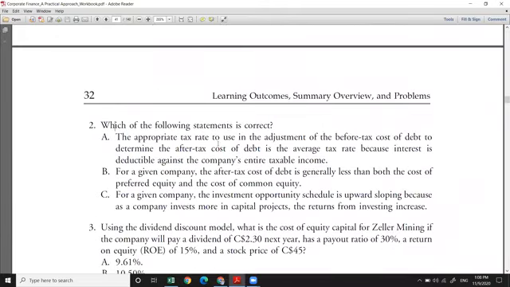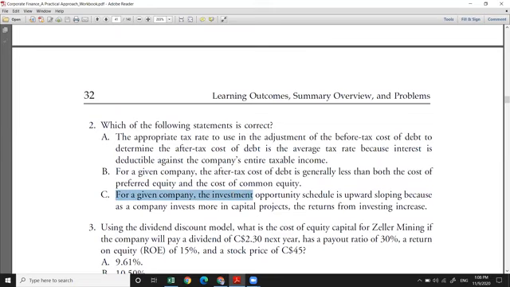Which of the following statements is correct? The appropriate tax rate to use in the adjustment of the before-tax cost of debt to determine the after-tax cost of debt is the average tax rate because interest is deductible against the company's entire taxable income. This is A. For a given company, the after-tax cost of debt is generally less than both the cost of preferred equity and the cost of common equity.